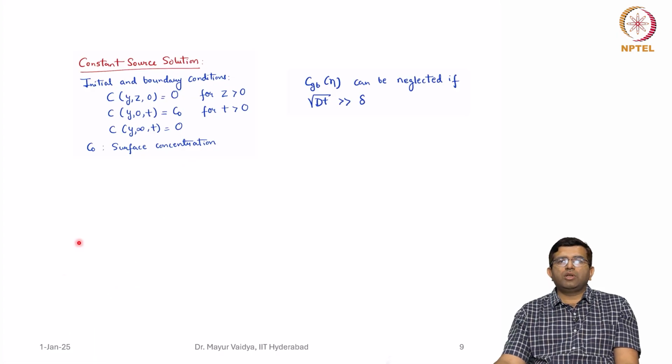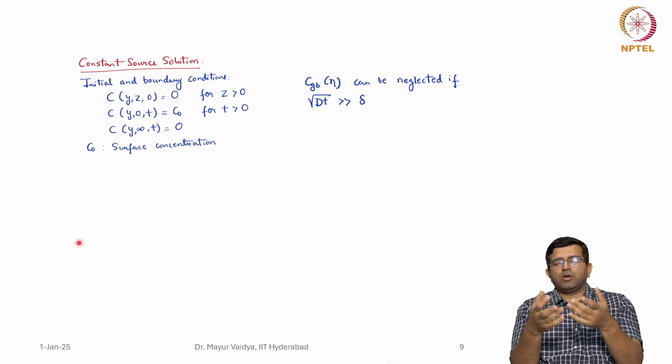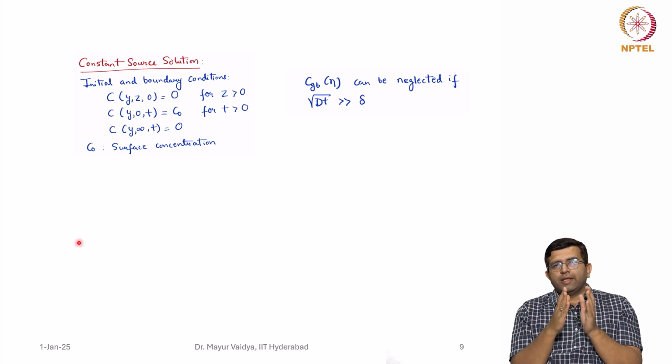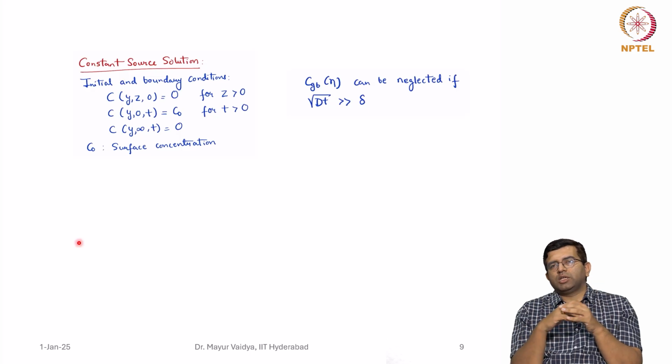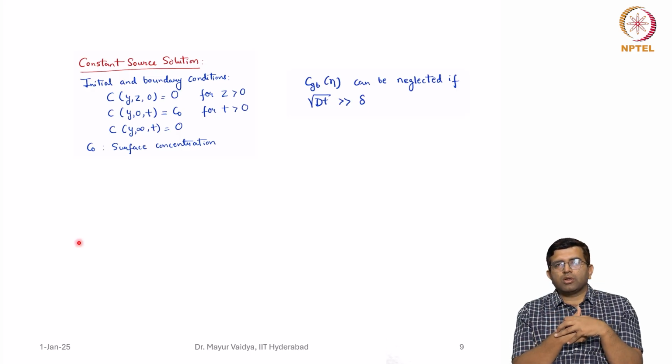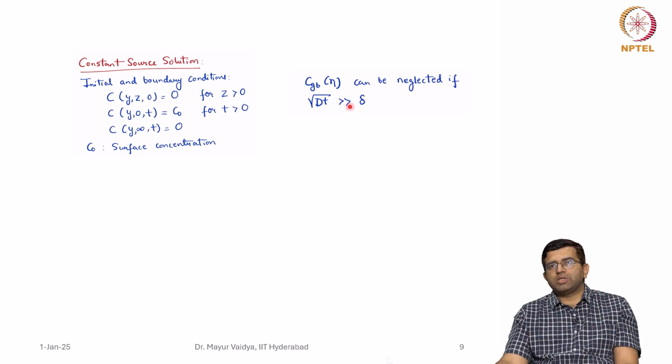Now, quite often, because the Fisher model picture also tells you that the concentration within the grain boundary is much less than the concentration outside, and the depth to which the diffusion happens through the lattice.